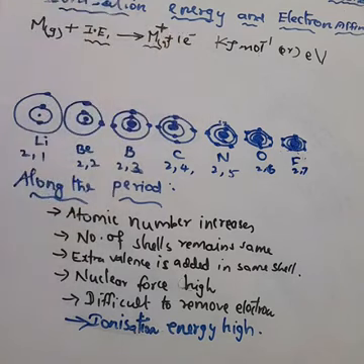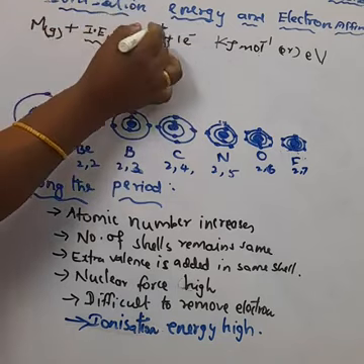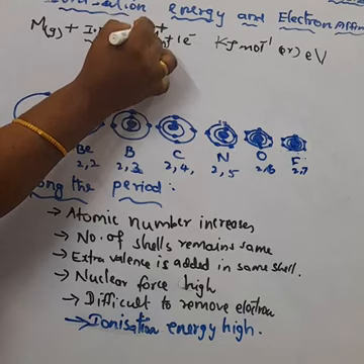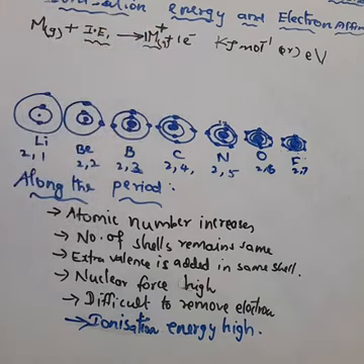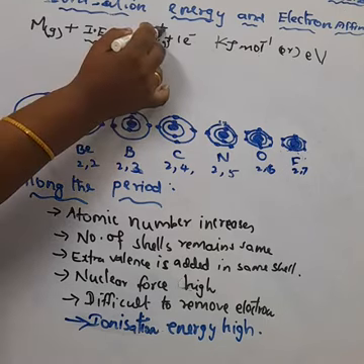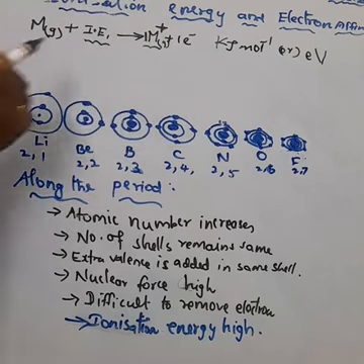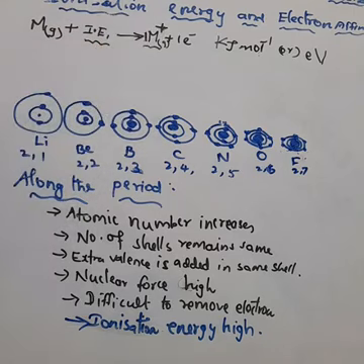Understood? The minimum amount of energy required to remove an electron from a unipositive cation is called the second ionization energy.